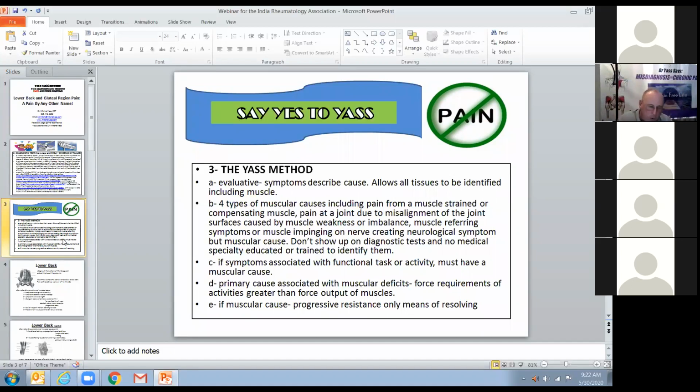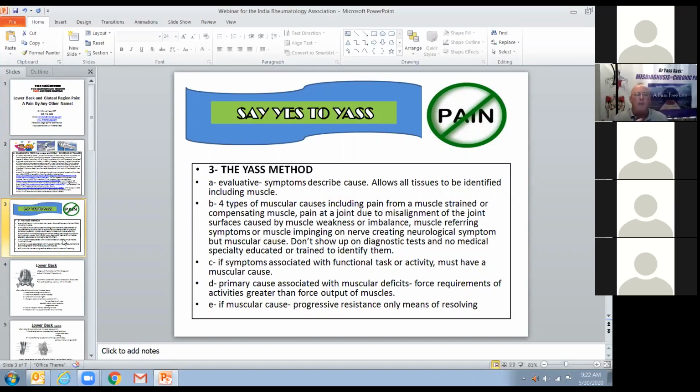And it is the muscles that are responsible for creating that force. Ultimately, if the force output of the muscles responsible for the activity is less than the force requirement, how much force is it going to take to do the activity, then those muscles will break down. That is the core overriding reason why most people have pain.